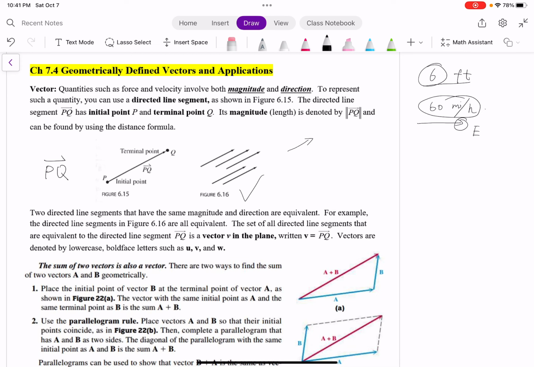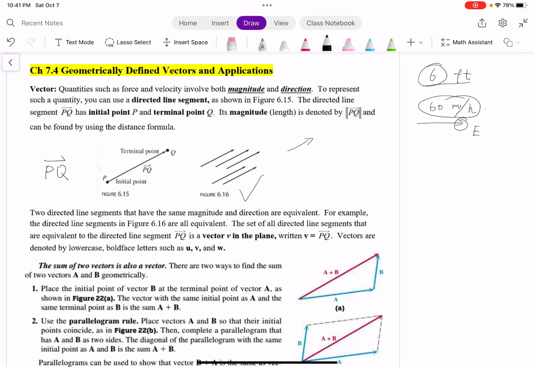For example, I'm driving my car to the north, and my velocity is 60 miles per hour to the north. So I'm driving my car from Houston. So initial point is Houston, to the north. And my friend is driving her car at New York at this point. And also she's driving to the north, and she has the same velocity, 60 miles per hour.